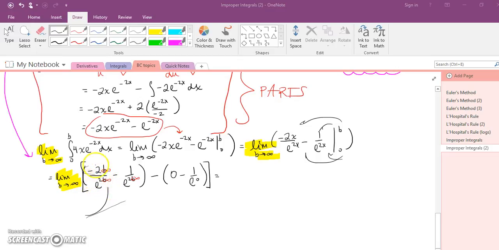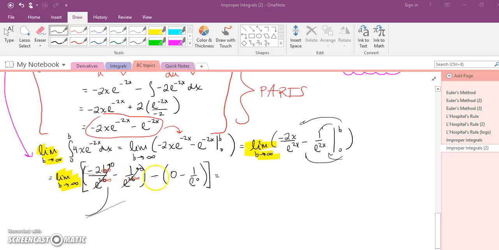I know it's weird to think about different levels of infinity, like a small infinity and a large infinity, but as you get to higher math, there are different levels of infinity. So this is going to go to 0. This one's easy, 1 over e to the infinity. E to the infinity, huge, that's 0. So I don't need to write limit anymore because I already plugged in.